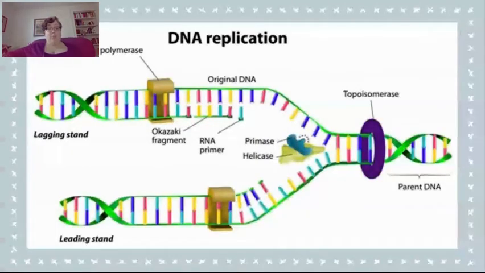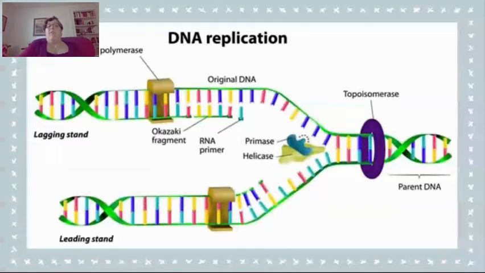Here's how it works. So we are going to, just like with our process of transcription, unzip that DNA. So we're going to pull apart the 2 strands using this protein that we call DNA helicase.